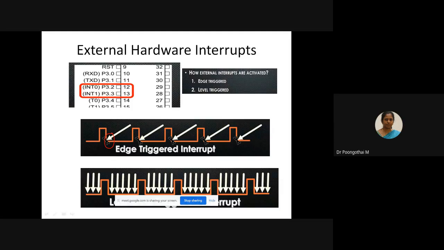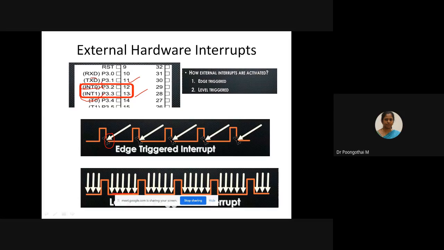So we have two external hardware pins, P3.2 and P3.3. P3.2 is called INT0, external interrupt 0, and P3.3 is called INT1, external interrupt 1. Suppose when level trigger is selected, the interrupt is activated only when the signal low level is present.